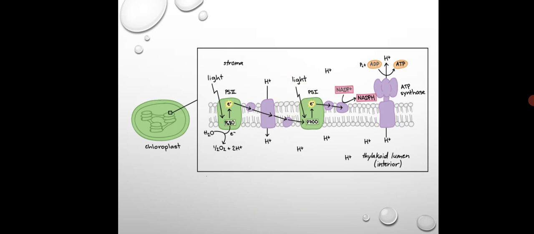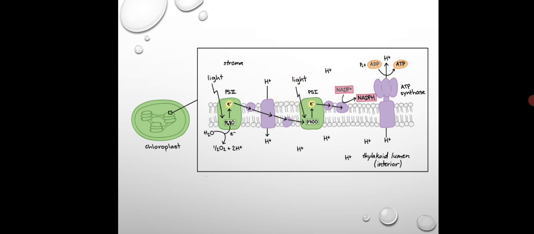If electrons revert back, it is known as the cyclic process, but if it is linear, a Z scheme, then it is termed the non-cyclic photosynthesis or oxygenic photosynthesis.